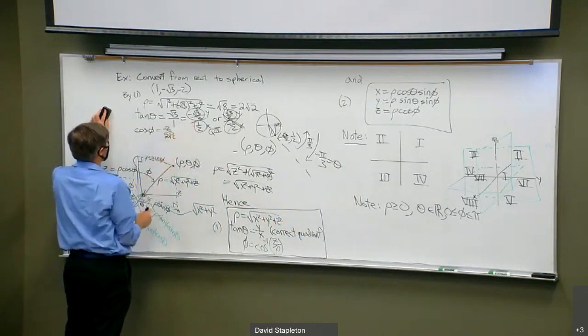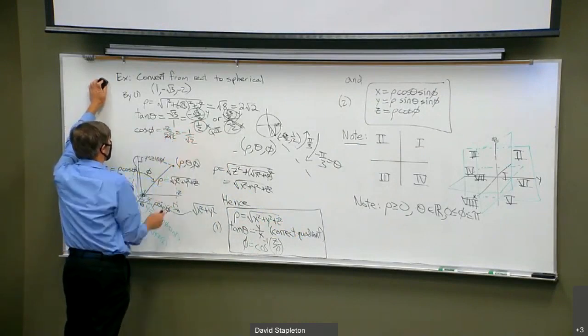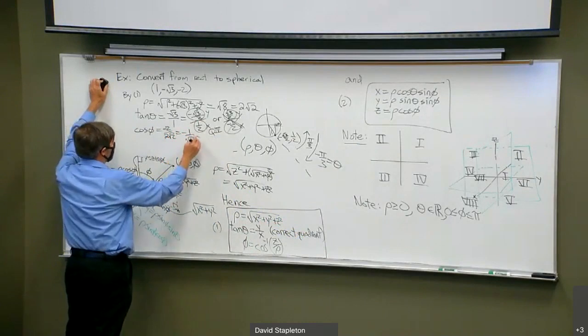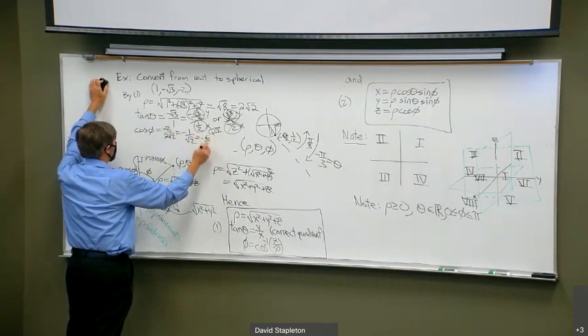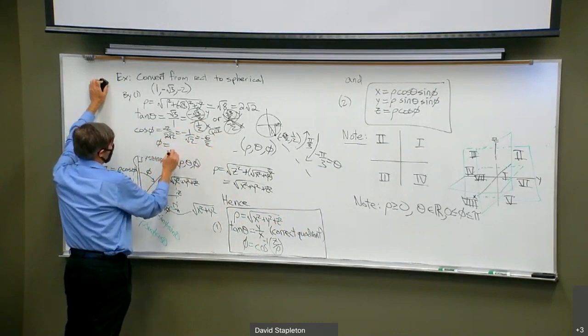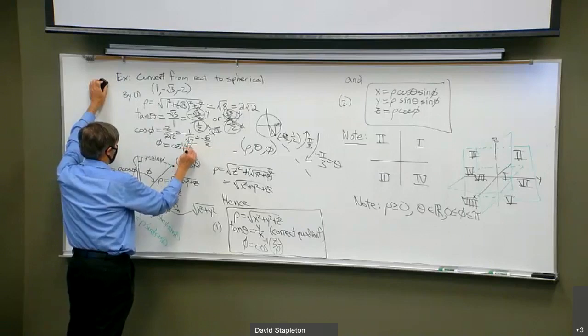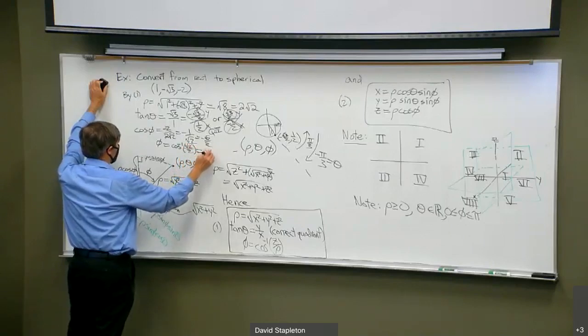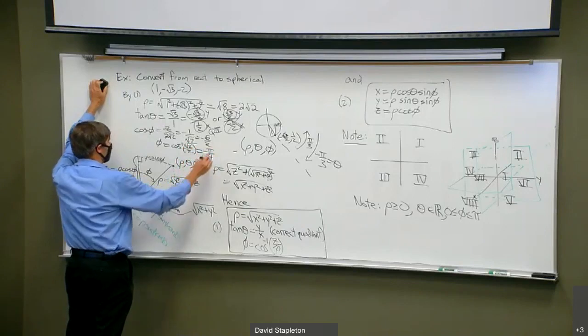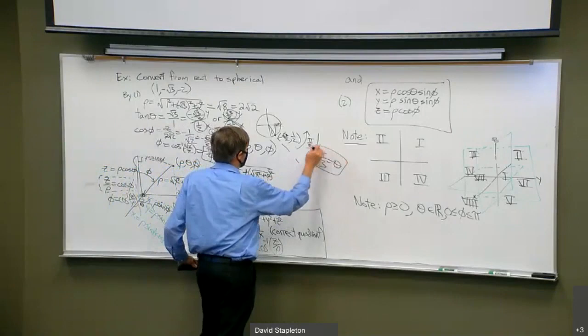So z over rho, minus 2 over 2 square root of 2, is minus 1 over square root of 2, right? You recognize that one. That's also known as minus square root of 2 over 2. That means that phi must be the arc cosine of that, which is 3 pi over 4. Only one choice for phi.